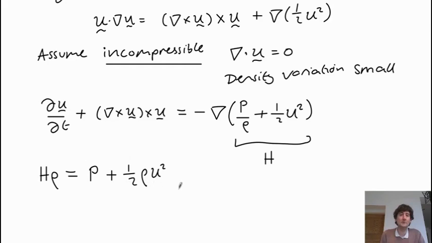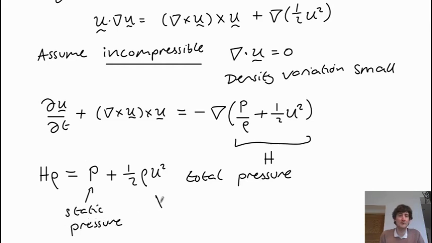This can be thought of as a total pressure. This is the static pressure, and this is the dynamic pressure, sometimes called the ram pressure, but we'll just use static and dynamic.